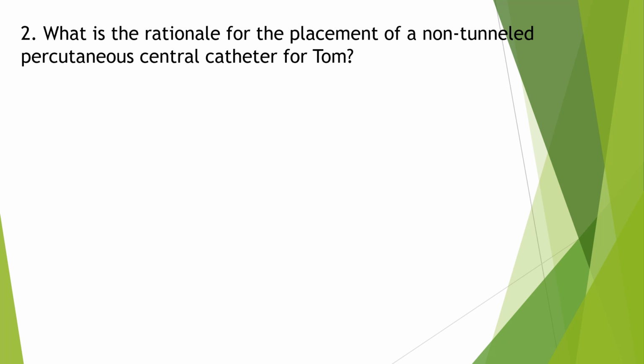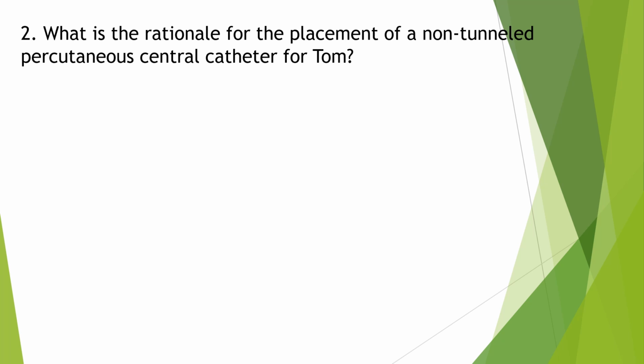Next, what is the rationale for the placement of a non-tunneled percutaneous central catheter for Tom? A non-tunneled percutaneous central catheter is a type of central venous access device that supplies directly to the heart. We need to think about different types of central venous access devices here: non-tunneled percutaneous central catheters, tunneled catheters, implanted ports, and PICC lines.